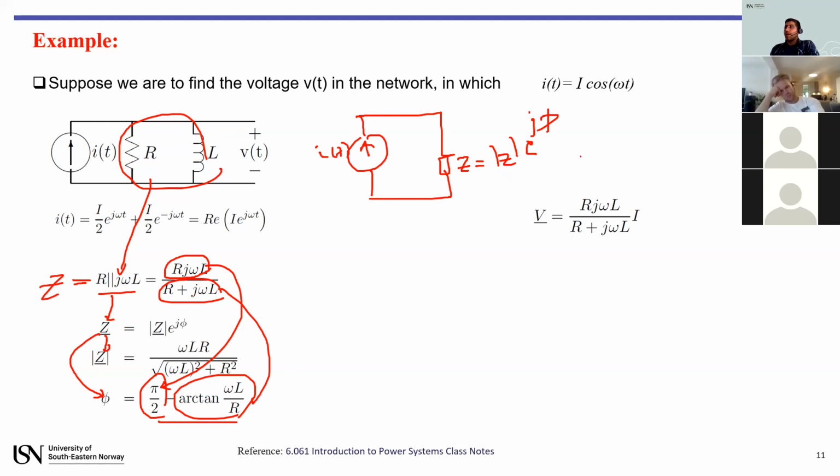So, very simple, we can write voltage is impedance multiplied by current. Do you remember in a simple power system, when you had just a resistor, you wrote very simply, V equals R multiplied by I.